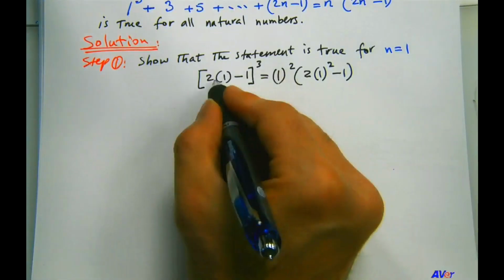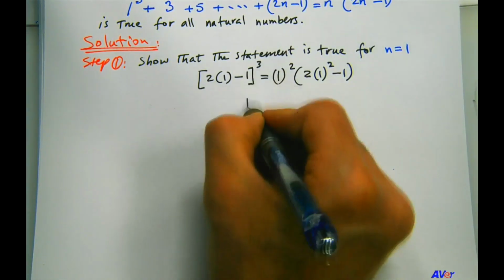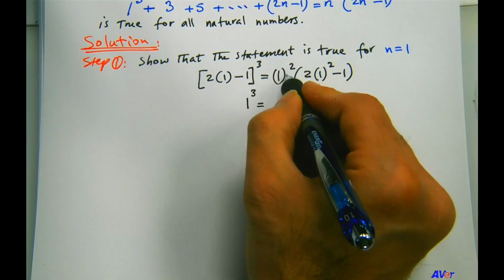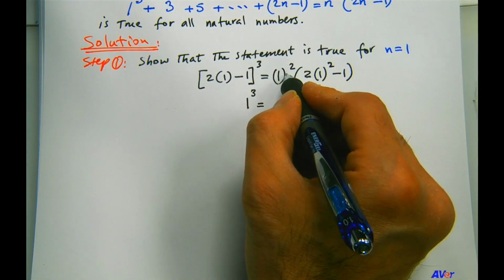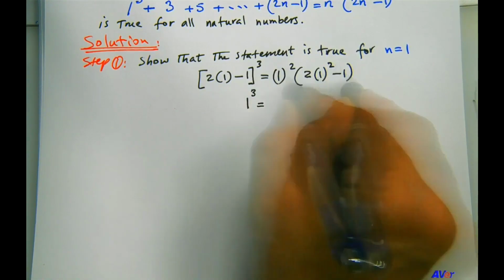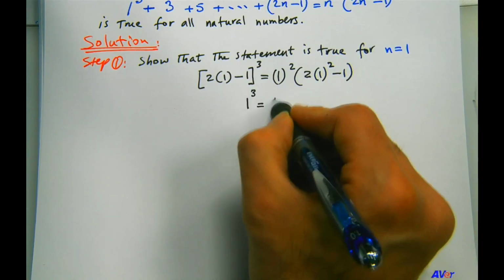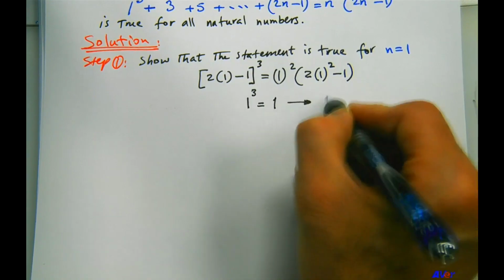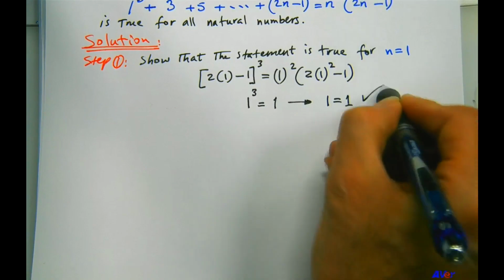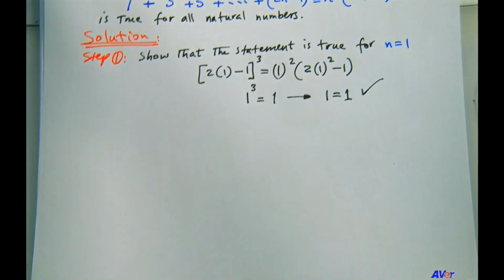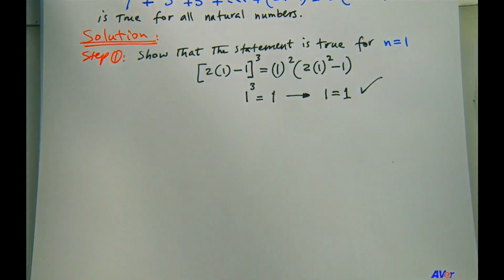Let's see if it's true. So we have 2 minus 1 cubed, then we have 1, right? 1 times 2 minus 1, which is 1. So 1 equals 1. So we've shown the first step in the mathematical induction.